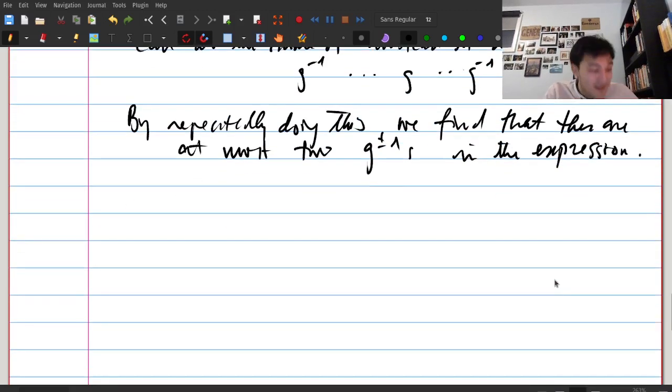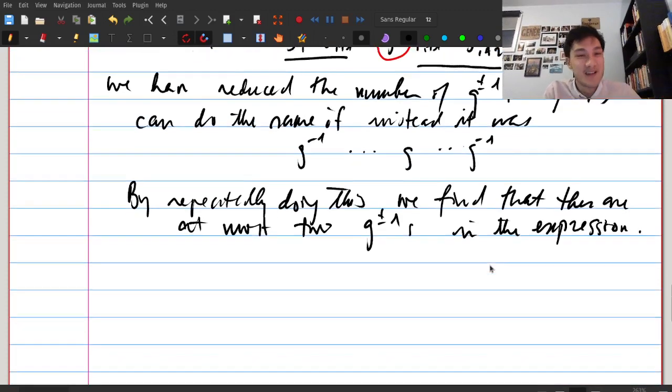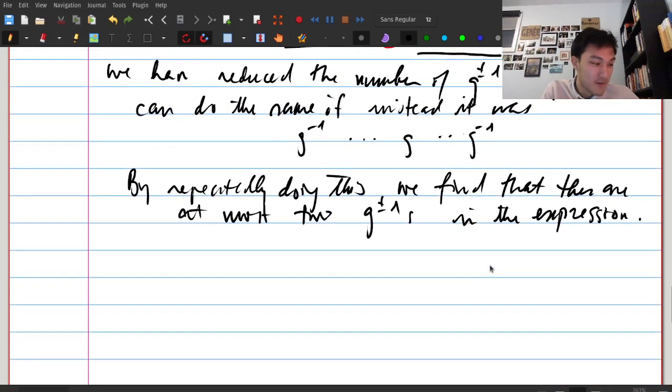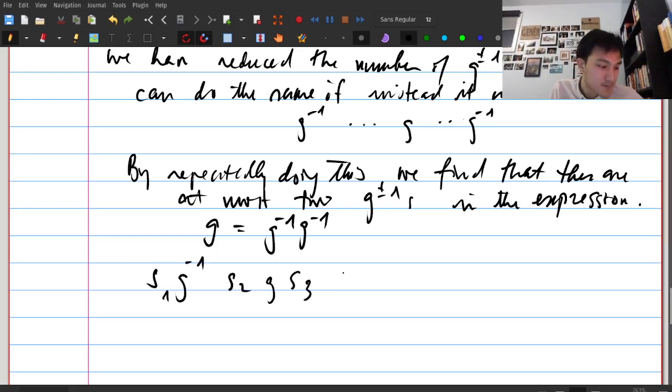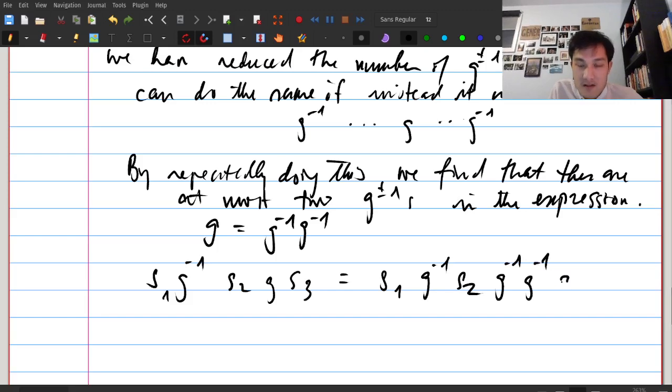Okay, but we're not done. If you thought we were done, no, we're not. We can do a further refinement because G is equal to G inverse, because you start with G cubed equals E and then you do the inverse twice. So S1 G inverse S2 G S3 is equal to S1 G inverse S2 G inverse S3.